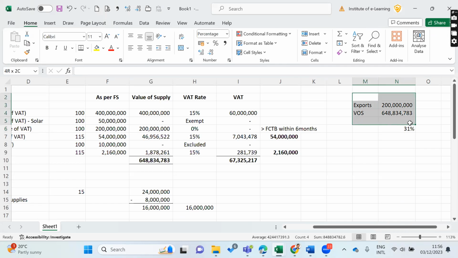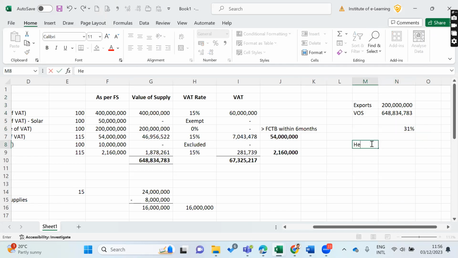Therefore, CDL cannot register as RIP, since they do not have more than 50% of export sales. You just mentioned that.